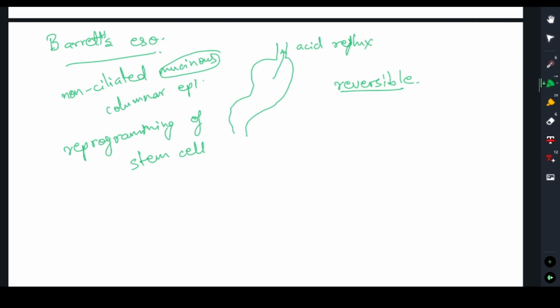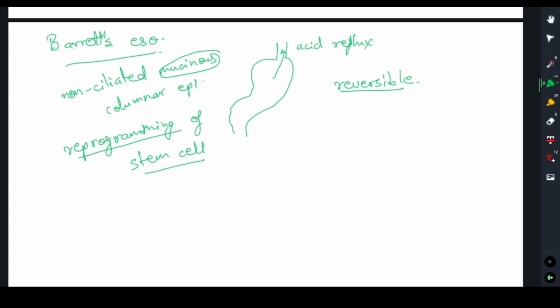Another point that we have to discuss is that again you see there is reprogramming of the stem cell. So from the stem cell you will be producing the new type of cell which you are selecting in order to handle the stress in a better manner. So there will be proliferation of cells, there will be division of cells. And wherever I said in any growth adaptation you see the division of cells occurring, there is a fair chance that if the division goes unregulated or unchecked, then it may progress to dysplasia and cancer.